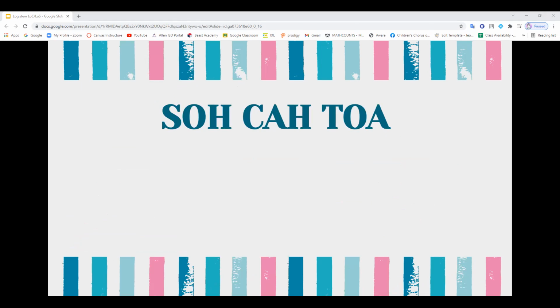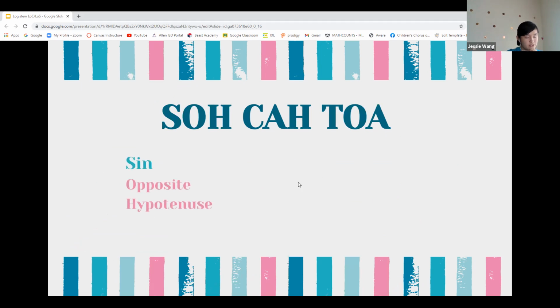So, SOHCAHTOA, a lot of you may not know this, but SOHCAHTOA is really just an acronym you use to memorize sine, cosine, and tan. Sine is opposite over the hypotenuse. Cosine is adjacent over the hypotenuse. And tan is the opposite over the adjacent. So, SOH CAH and TOA.